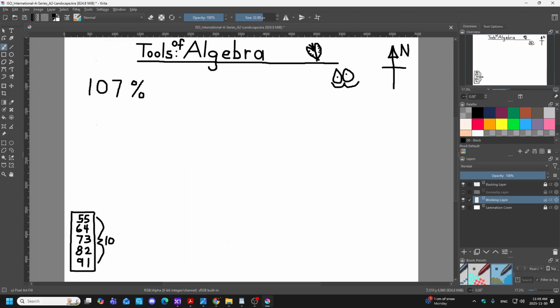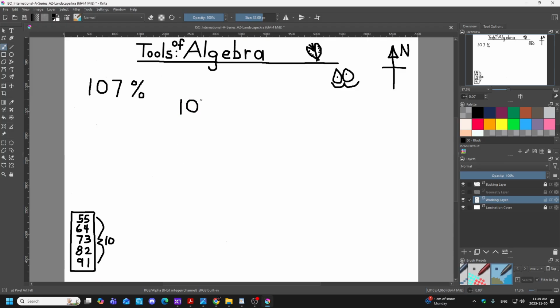To convert a percentage to a fraction, place the number over 100 and simplify. Okay, that sounds easy. Let's do this.